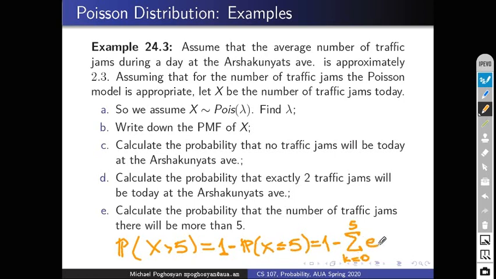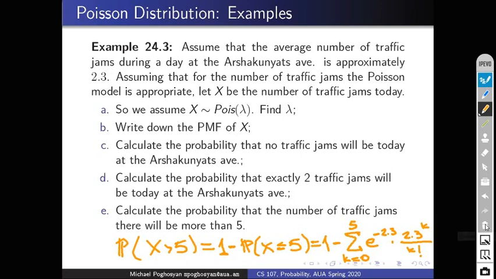So e to the minus 2.3 times 2.3 to k over k factorial. Let's calculate the probability that the number of traffic jams will be more than 5, if the average is 2.3 and x is given by Poisson distribution, by using R.